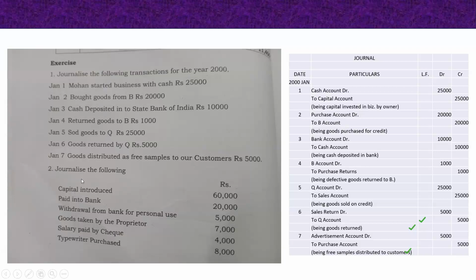Now, have a pen and paper or a notebook and work out the journalizing for these transactions. You can take 2 or 3 minutes. Just go through all the transactions, write it down quickly, and share it with me.